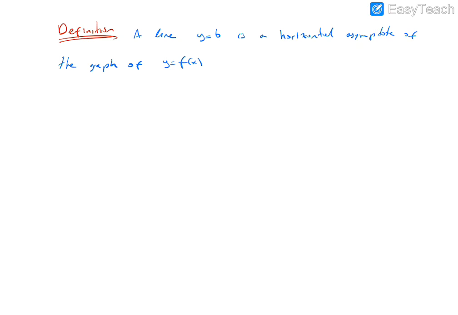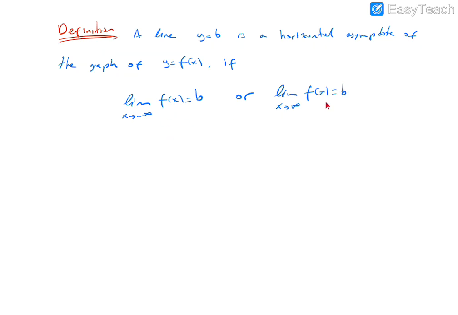So x goes to plus infinity or minus infinity. This is interpreted mathematically and symbolically in the following way. If the limit when x goes to minus infinity of f of x equals b, or the limit when x goes to plus infinity of f of x equals b.